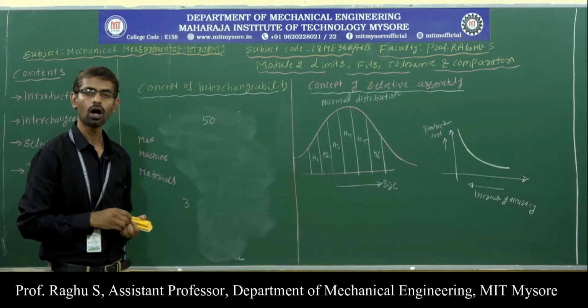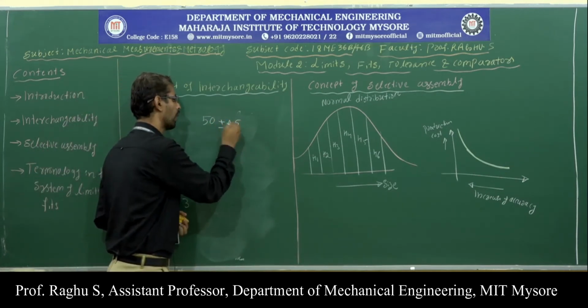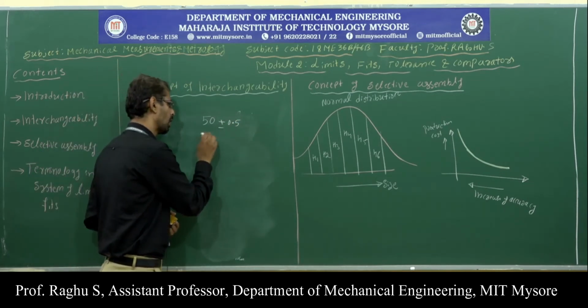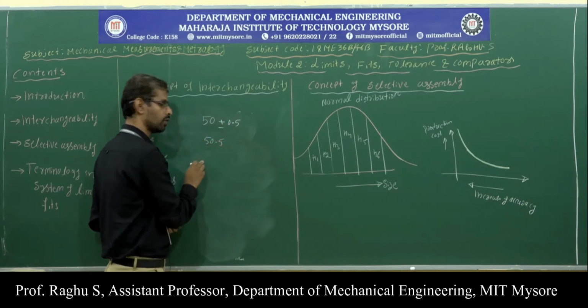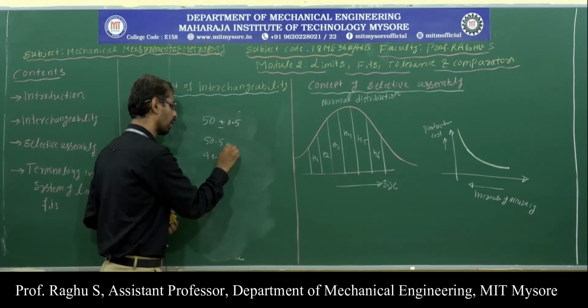Now I am giving some allowable variation, say 0.5. The upper limit is 50 plus 0.5, which is 50.5 mm. The lower limit is 50 minus 0.5, which is 49.5 mm.